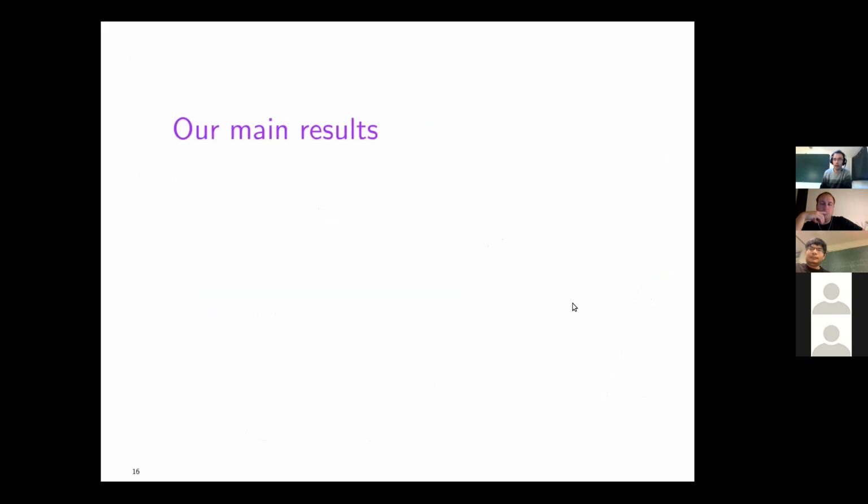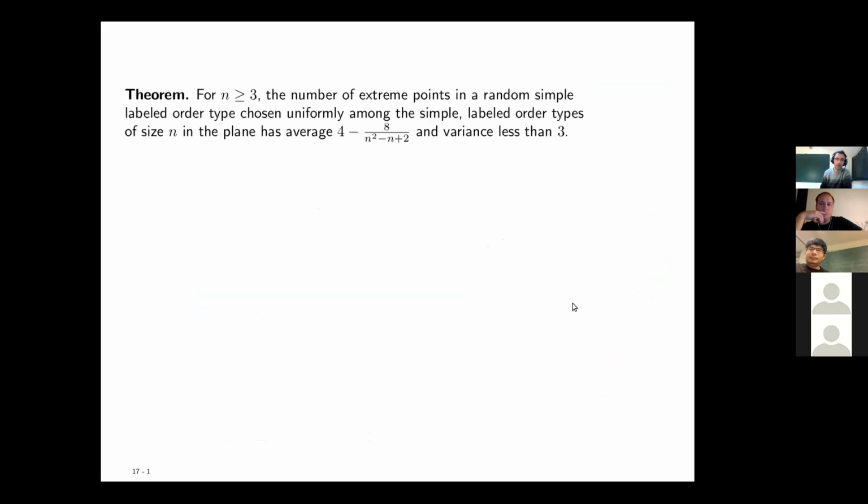Okay, so let's see how. This is our main result. For any n, if you take a labeled order type uniformly among all, then the number of extreme points is on average this, and the variance is at most 3. The average here is an exact formula.